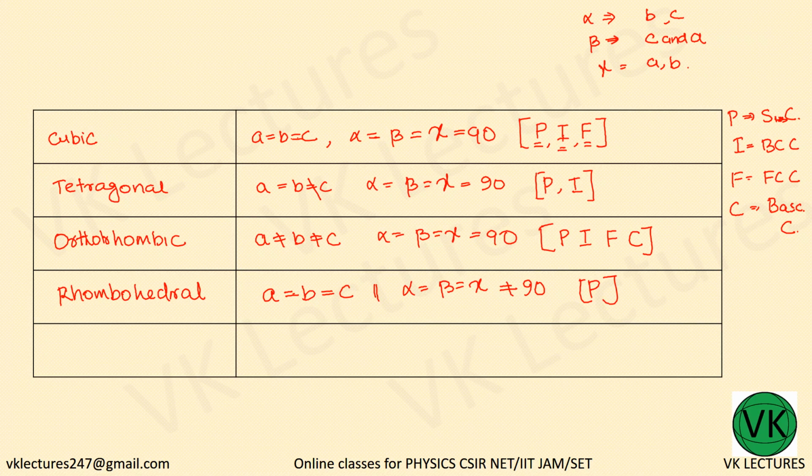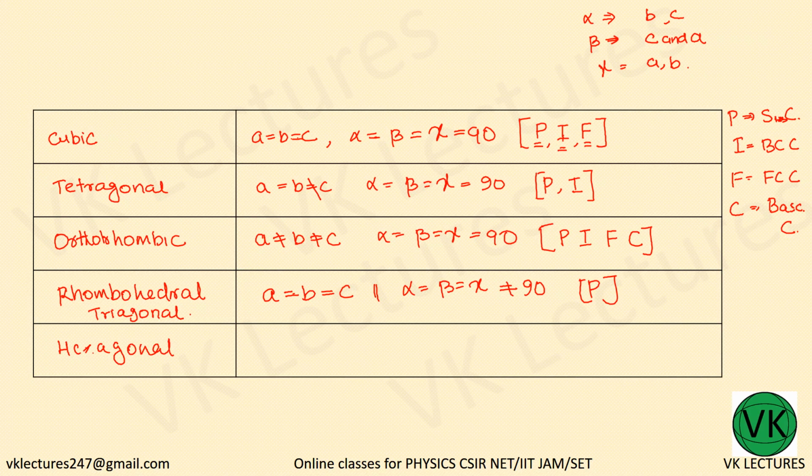And this particular rhombohedral is also called trigonal. Okay. All right.